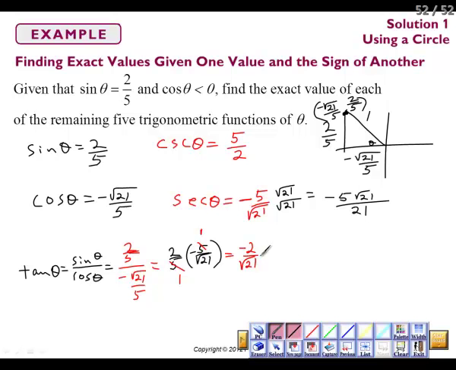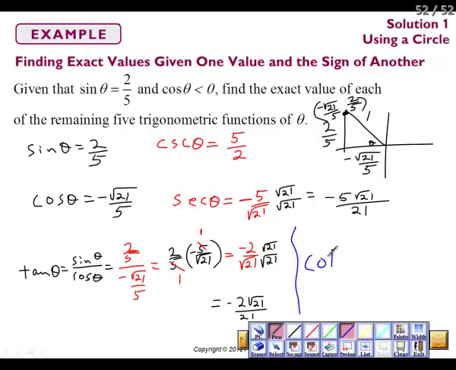Well, guess what we got to do? That's right. Rationalize the denominator. And so for tangent theta, we're going to get negative 2 square root 21 over 21. Okay. So now for cotangent theta, it's easiest if you take tangent before you rationalize the denominator.